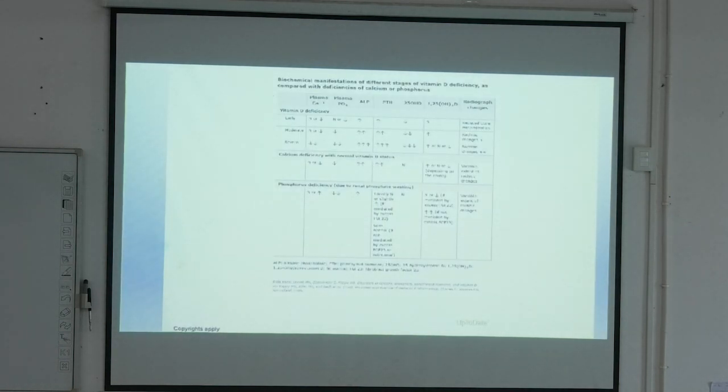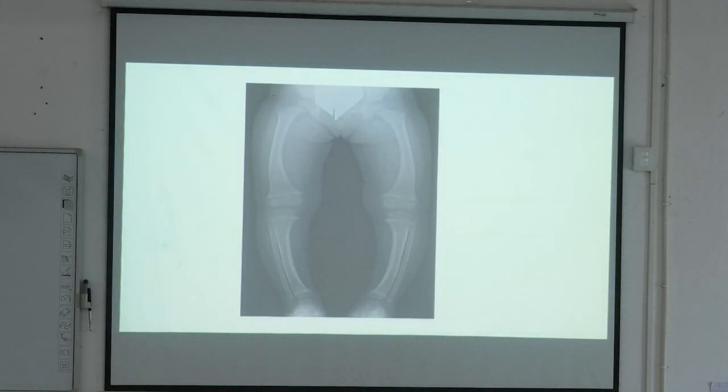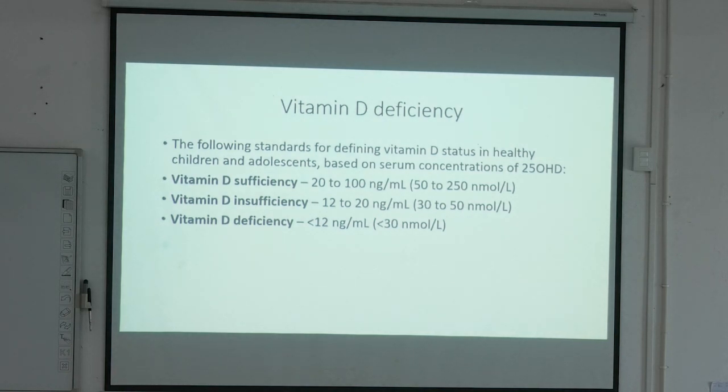Now the requirement of an infant, from newborn onwards up to the age of 1 year, is 400 international units, and we should start it. Then after that, 600 to 800 units of vitamin D is required. Now vitamin D deficiency.